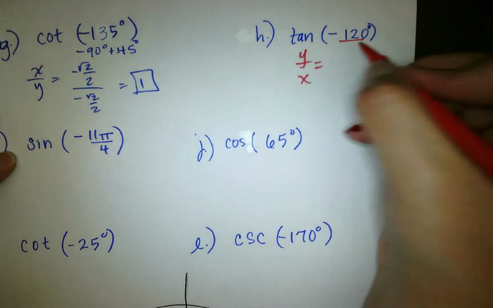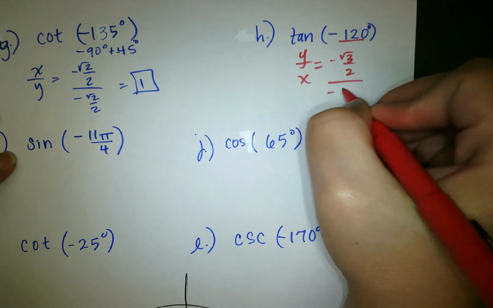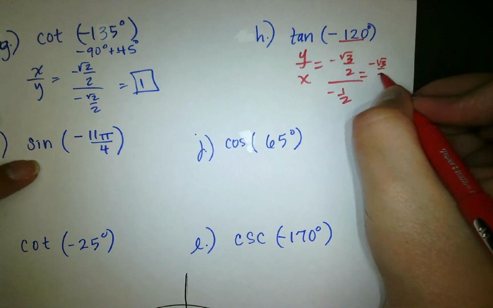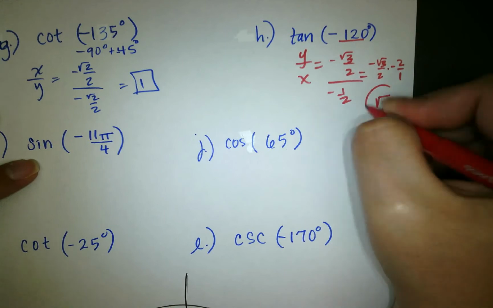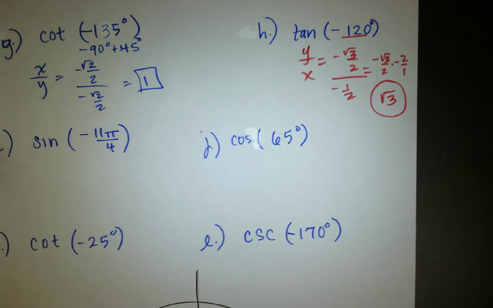So negative root 3 over 2 over negative 1/2 equals negative root 3 over 2 times negative 2 over 1, which is positive root 3. Okay. Alright, let's keep it moving.